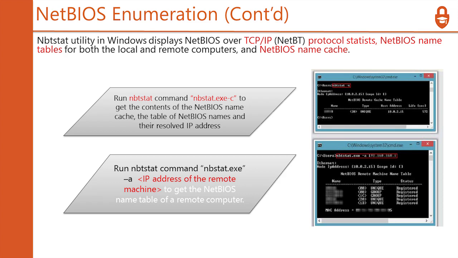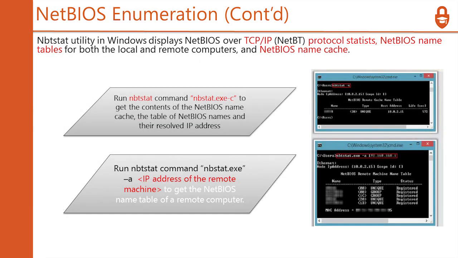It's just a network communication. So you put this machine on a network, you're not using IPv4 or IPv6. Those are unchecked in the networking protocols, but you have NetBIOS checked. The computers can still communicate with each other over NetBIOS. So if you run the nbtstat command, nbtstat.exe -c, to get the contents of the NetBIOS name cache, the table of the NetBIOS names and their resolved IP addresses.